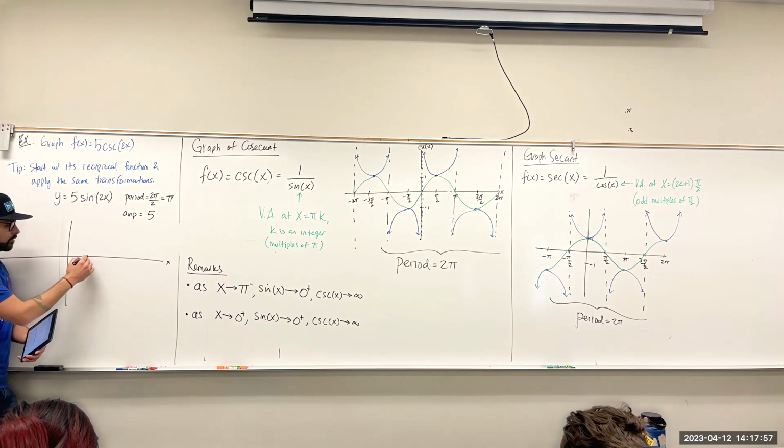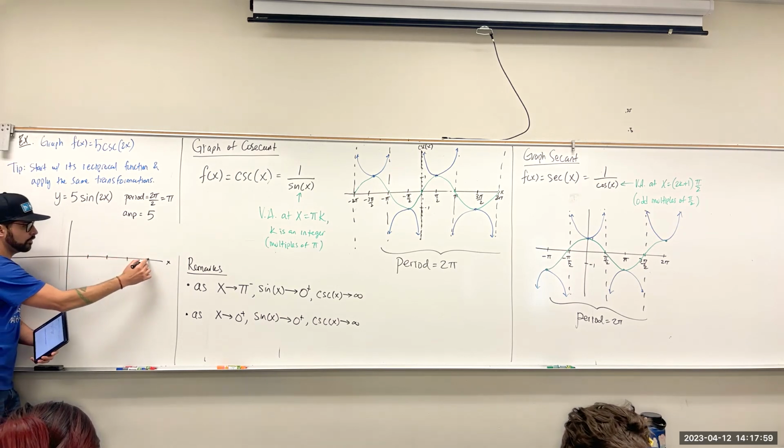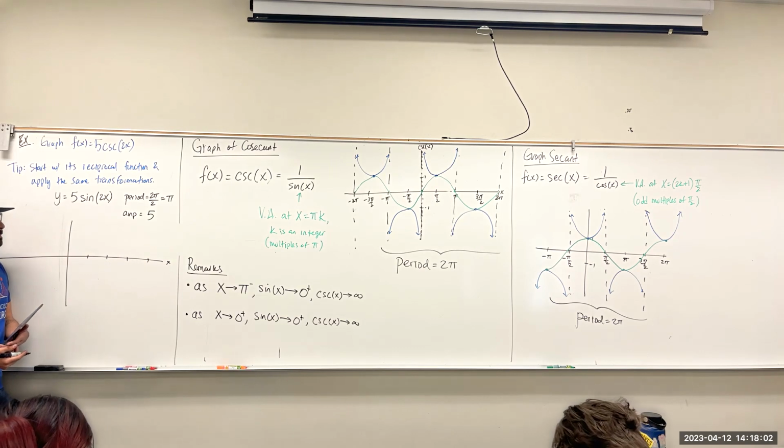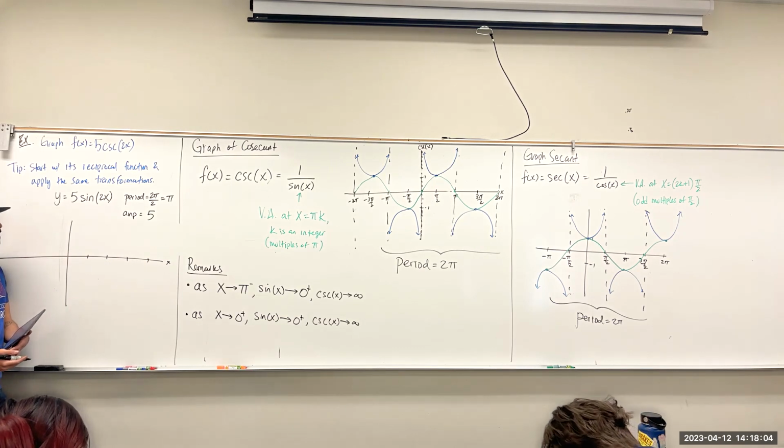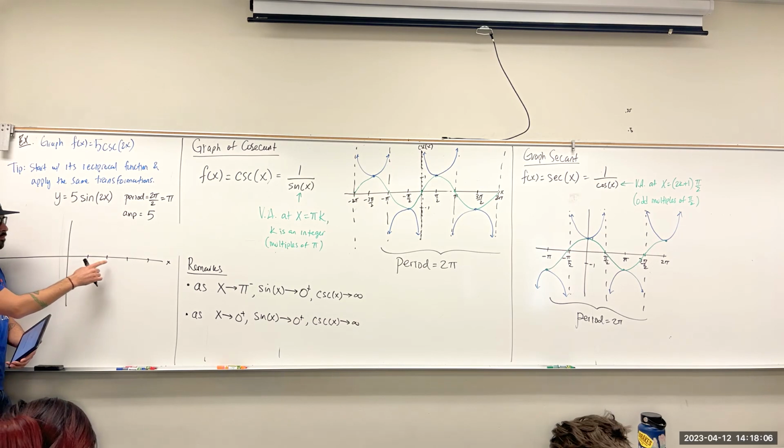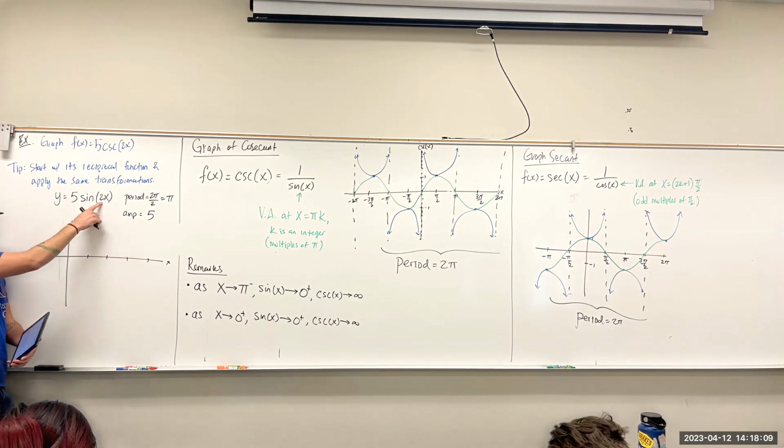Okay, let's start with our 4. 1, 2, 3, 4. So I can write pi over 2, pi, 3 pi over 2, and just divide everything by 2, right? Like what we did on Monday.